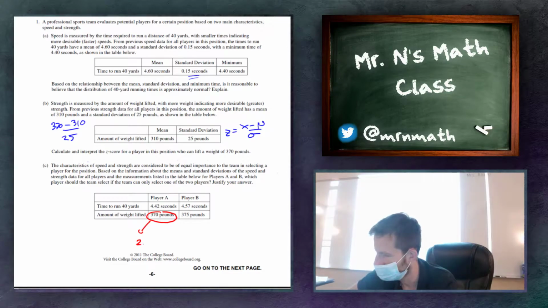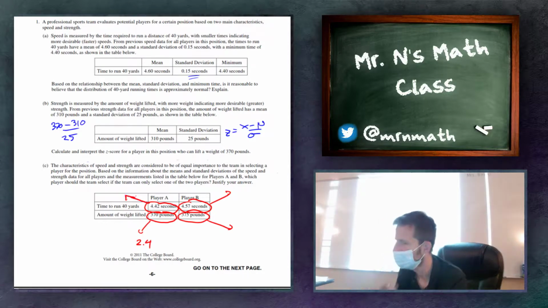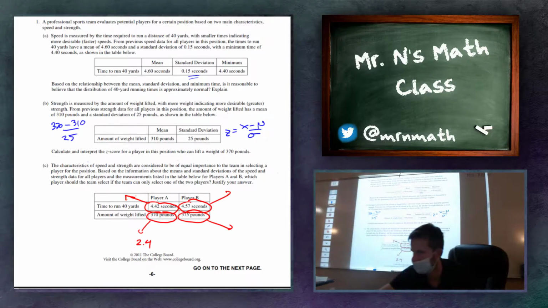I think this one's 2.4. Is that right? Who's got the z-score for the 375 pounds? 2.6?